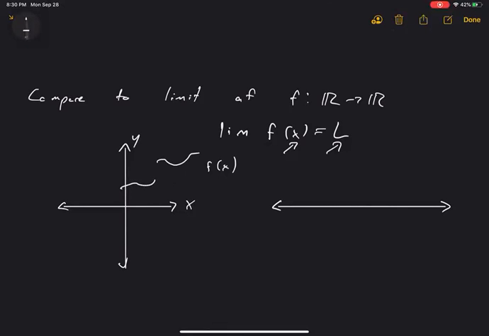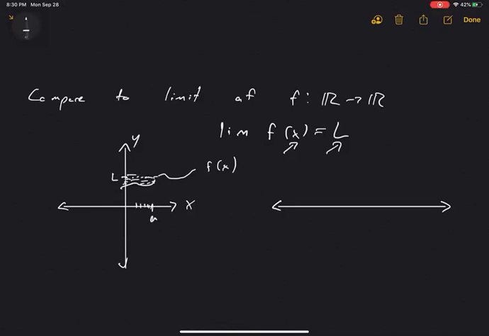Let's say this is A, and this is L here. We say the limit of f of x equals L if as I get closer and closer to A, my y values get closer and closer to L.